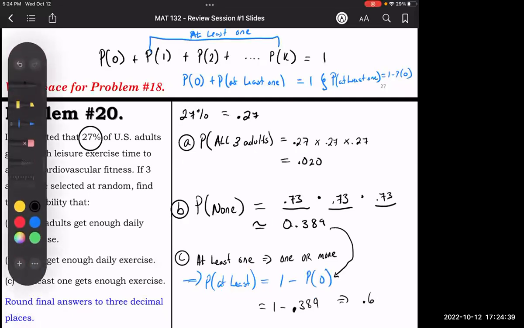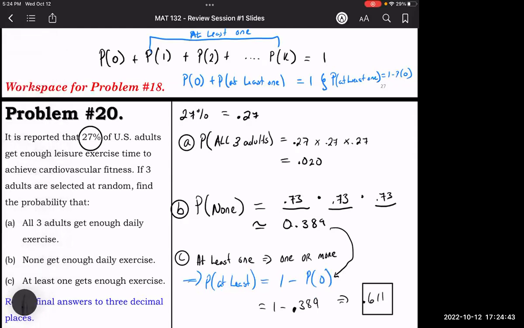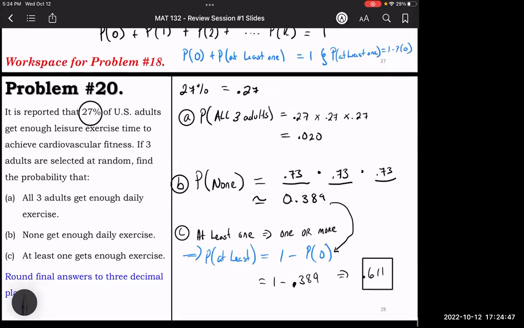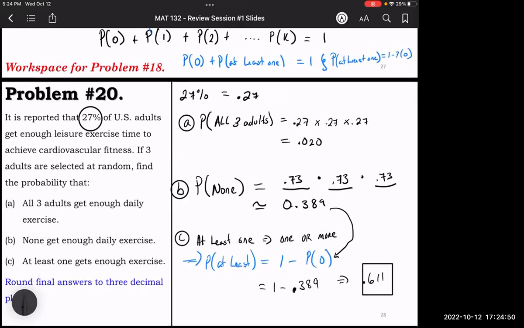This is something that you will see when you start doing binomial probability distributions. You'll see this a little bit more. When you do those, you can do at least 3, at least 4, yada, yada, yada. The probability of at least 1 is a little bit more special. It's always the whole thing minus the probability of it not happening, whatever your event or your procedure is.